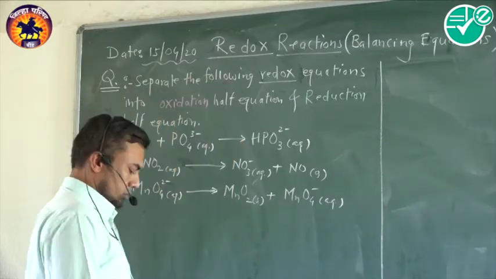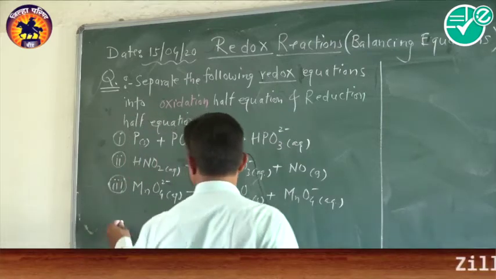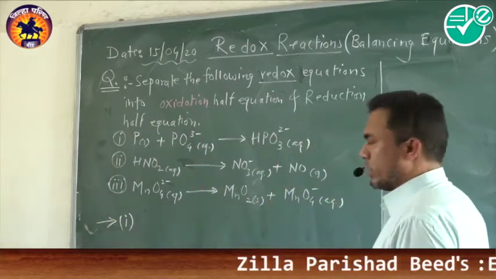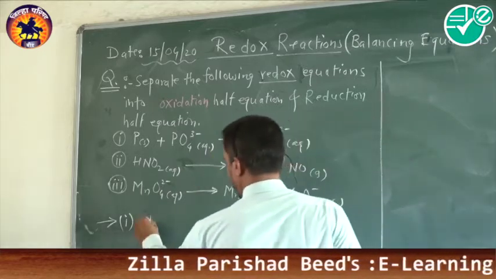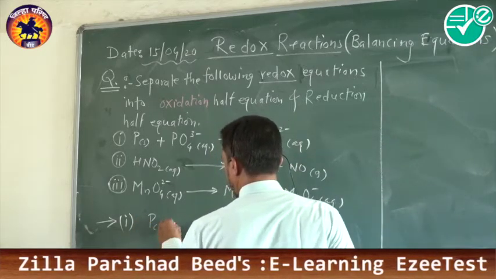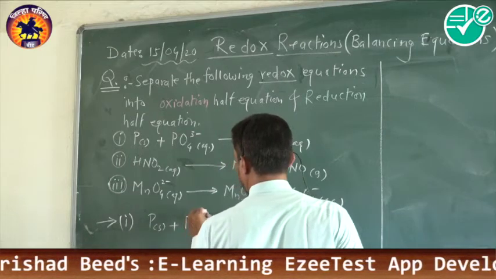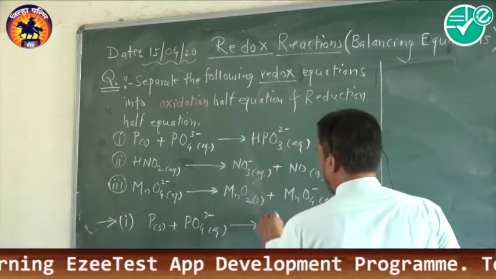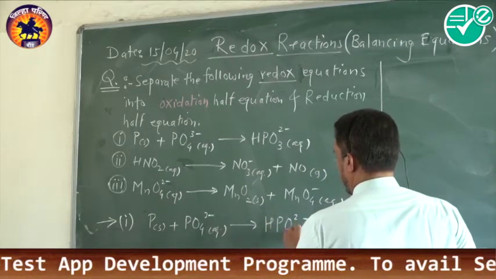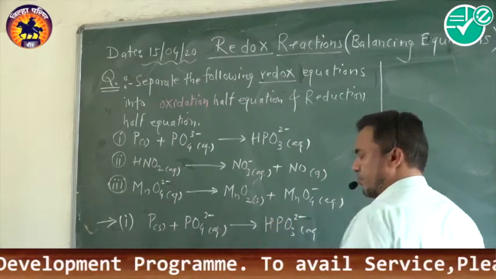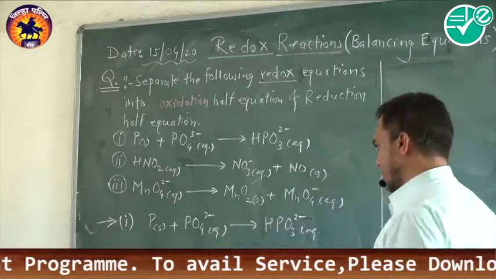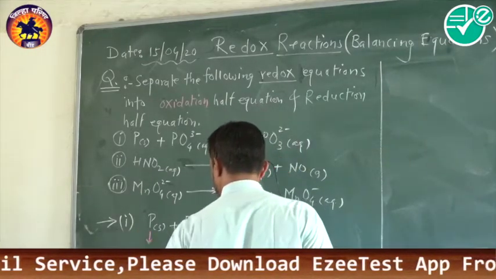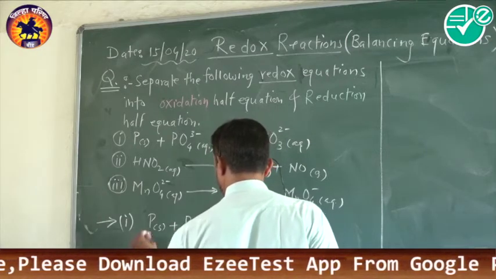Now I'll start the first exercise. First of all, we have to write the redox equation as given. Then write down the oxidation state or oxidation number of each atom in the redox equation.